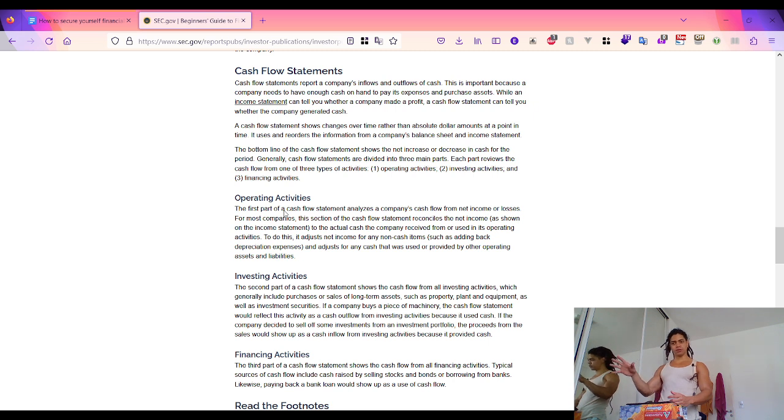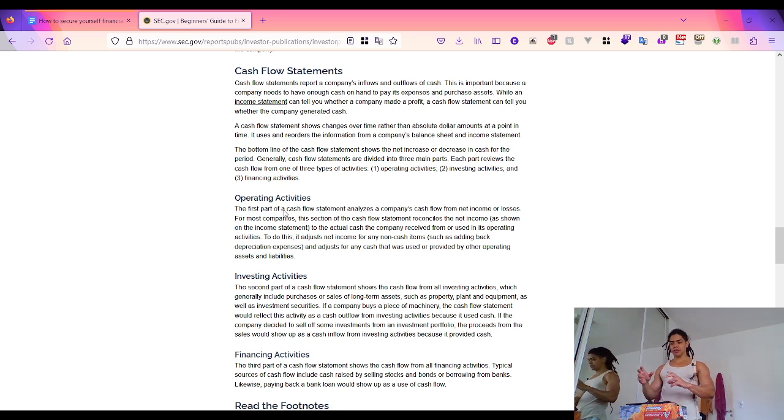Over time, assets like equipment, tools, or machinery wear out, so you need to take into account the amount of wear and tear of those assets. You depreciate the asset over time.